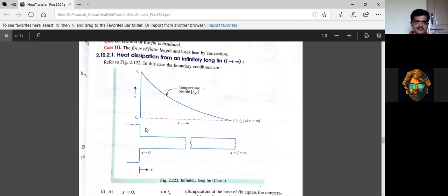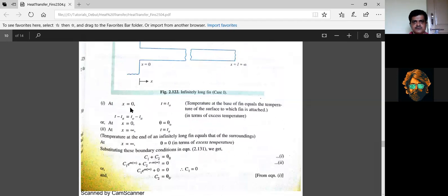The second condition is at x is equal to infinity, since the length is taken as infinity, T is equal to TA. That is the meaning of infinitely long: when the length is long, the tip temperature will be equal to the atmospheric temperature.